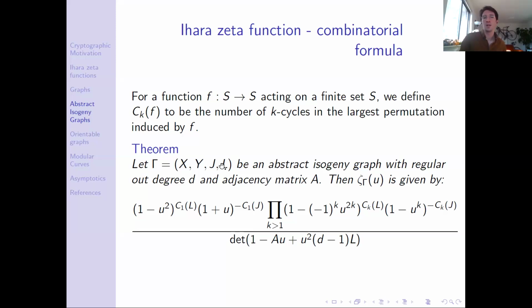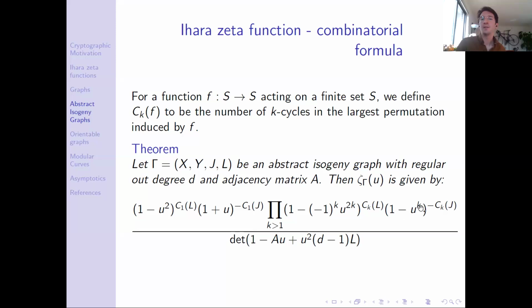So all of the cycles in L are length 1, and there are as many of them as vertices. So you get 1 minus u squared to the number of vertices, and all of the L terms in the product vanish. And all of the cycles in J, being a fixed-point-free involution, have length 2, so the 1 plus u for length 1 cycles contributes nothing.